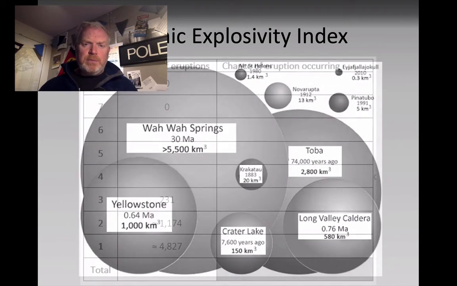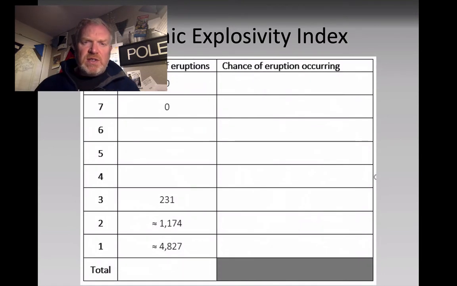Once we've done that, I want you to consider how likely these eruptions are to happen. What I've given you here is some of the data for the 20th century. So from 1901 all the way through to 2000.